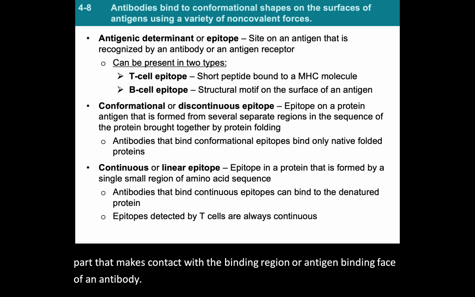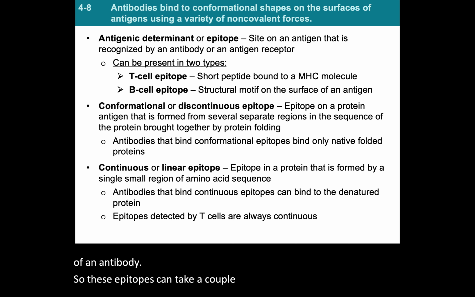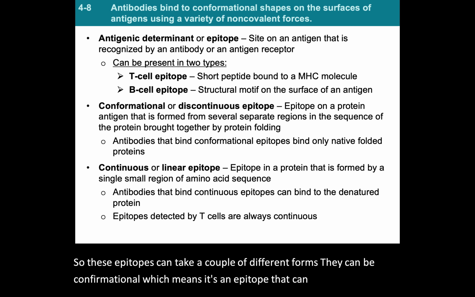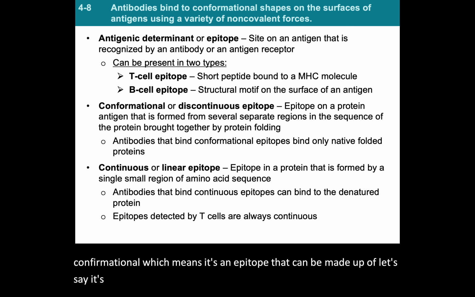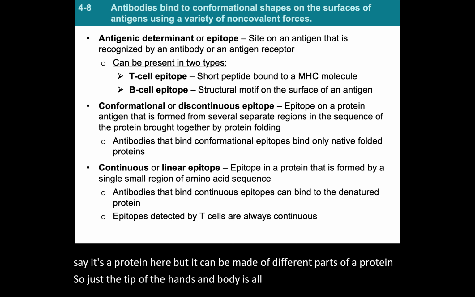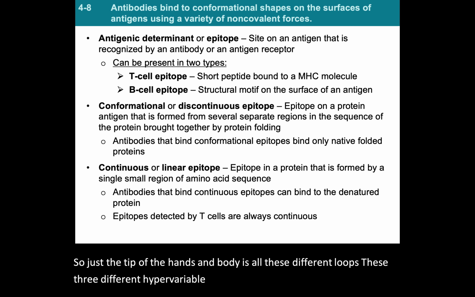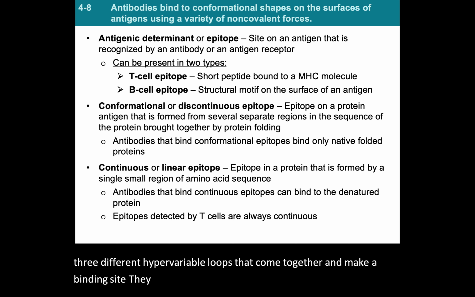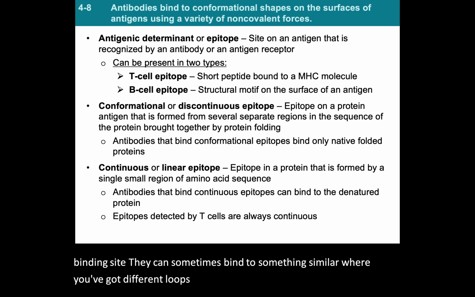So these epitopes can take a couple of different forms. They can be conformational, which means it's an epitope that can be made up of, let's say it's a protein here, but it can be made of different parts of a protein. So just like the tip of the antibody is all these different loops, these three different hypervariable loops that come together and make a binding site, they can sometimes bind to something similar, where you've got different loops of a protein that come together to make a particular shape.